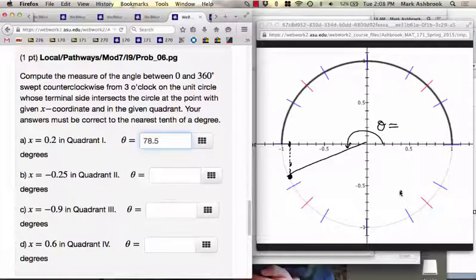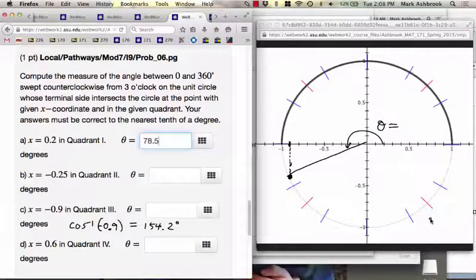Okay, help me out. Nathan, what am I going to do? So do the inverse cosine of negative 0.9, which gives you 154.2. All right, and can you explain in this context, what is that angle 154.2?